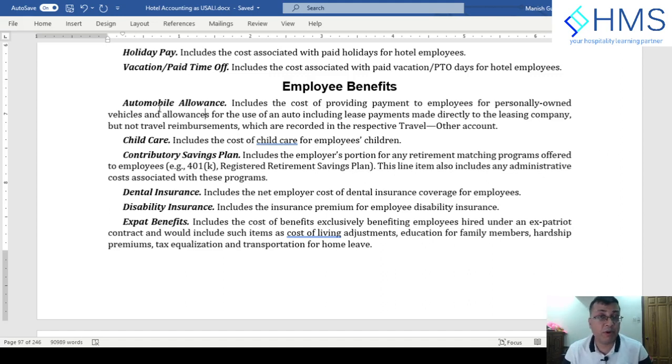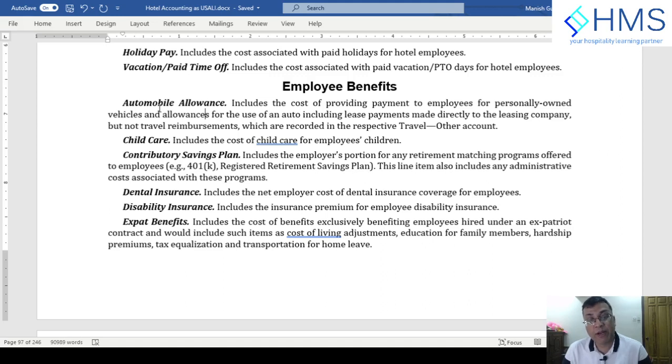If the company policy is to contribute equally with the employee to the retirement benefits, the employer share will go here. Then you have dental insurance and disability insurance, where the employer part of the insurance premium will also come under the employee benefits.